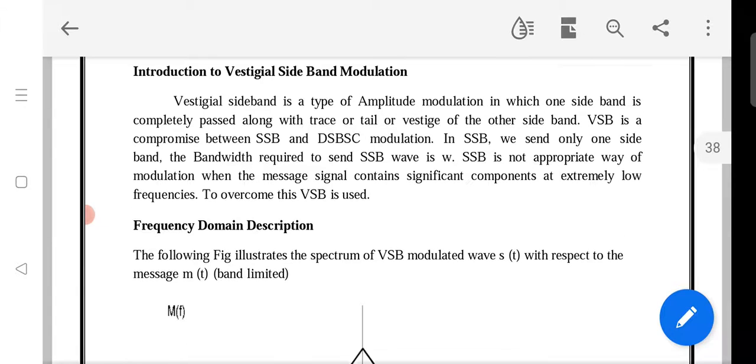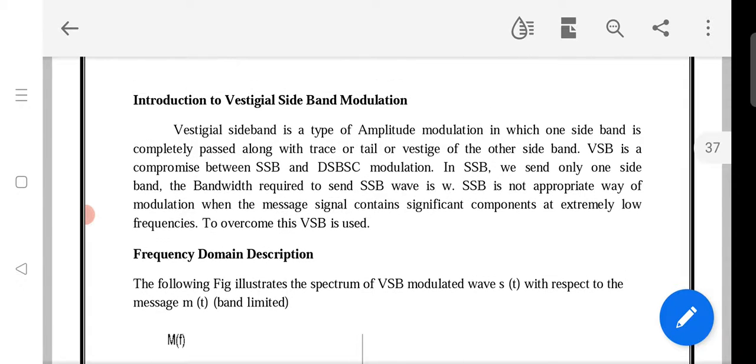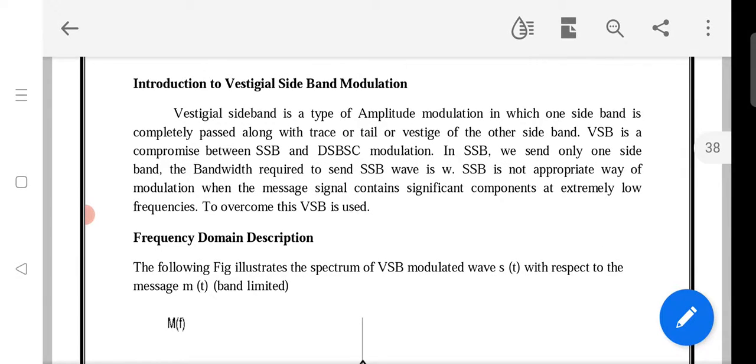One is the power requirement is more, and another one is the bandwidth requirement is more. In order to reduce both, the next development is DSBSC. In DSBSC we suppress the actual carrier, we send only the two sidebands.